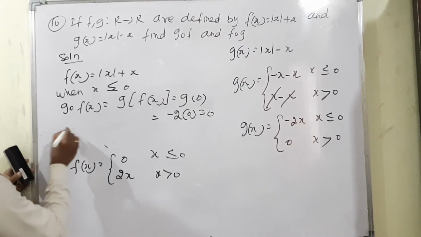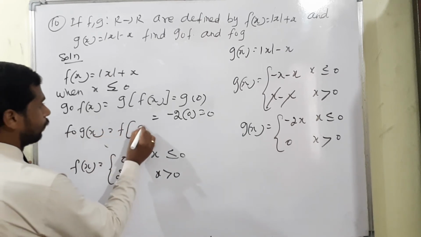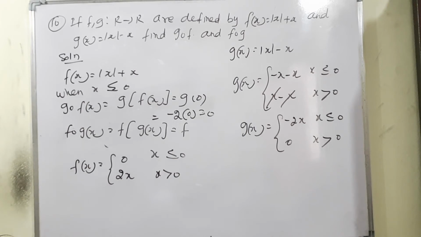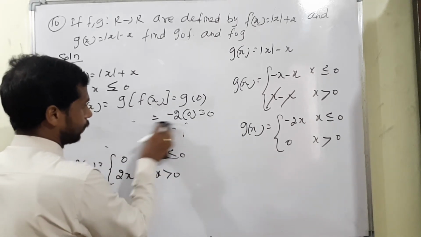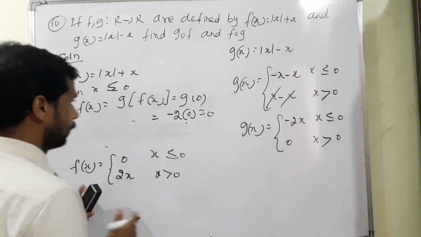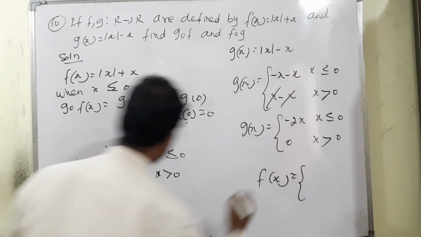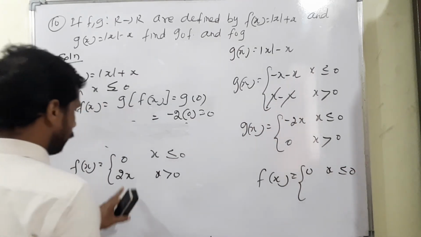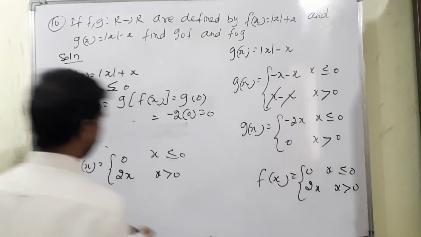Next one, f∘g(x) = f(g(x)). Confused, no? Wait dear, I will write this answer here. f(x) = 0 for x less than or equal to 0, and 2x for x greater than 0.